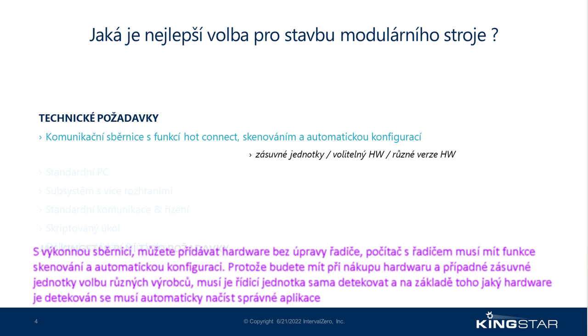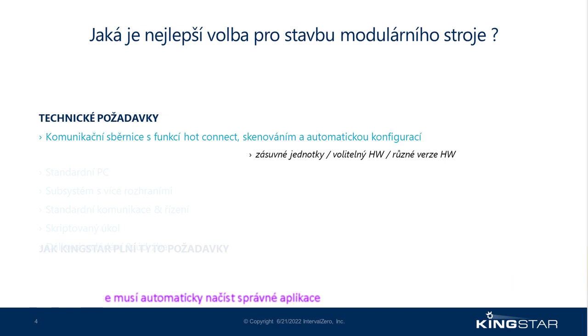It needs to have a scan and automatic configuration because you will have optional hardware, cells, and possible pluggable units. These need to be detected by the controller, and the correct applications must be loaded automatically based on what hardware is detected.